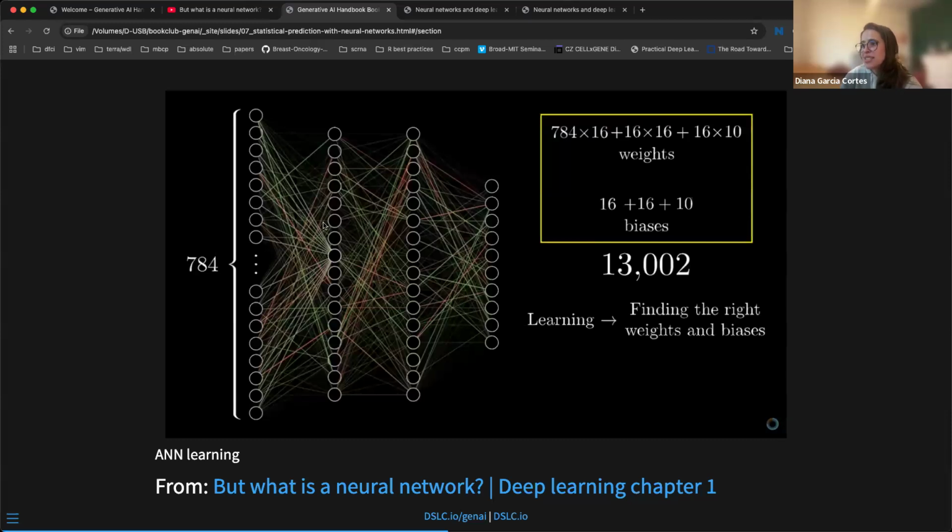Each of the links is associated to a weight, and each of the neurons is associated to a bias. And what do we mean by learning in a neural network? We're gonna have to find the right weights and the right biases in this architecture.